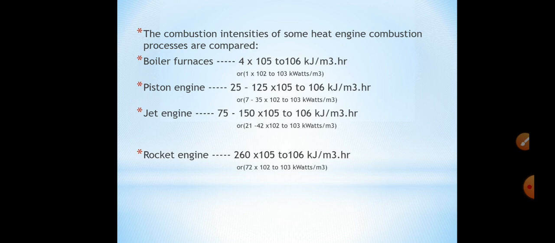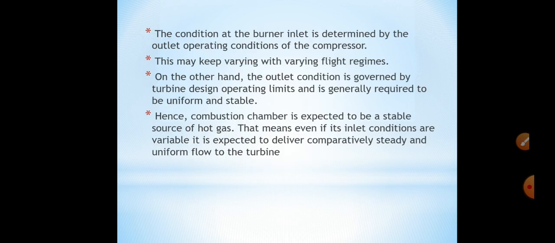Jet engines will provide 75 to 150 × 10^5 to 10^6 kilojoules per meter cube hour. Similarly, a rocket engine can provide up to 260 × 10^5 to 10^6 kilojoules per meter cube hour.